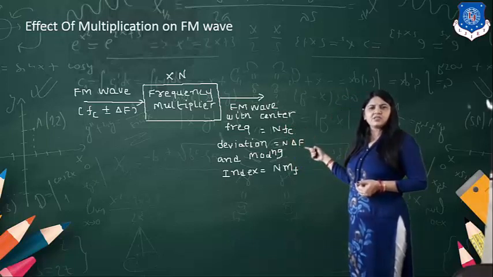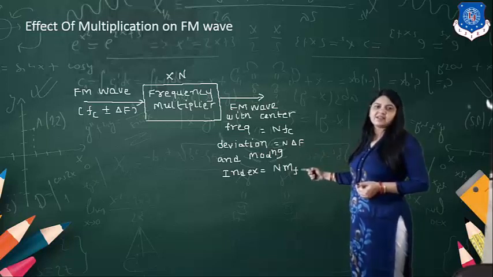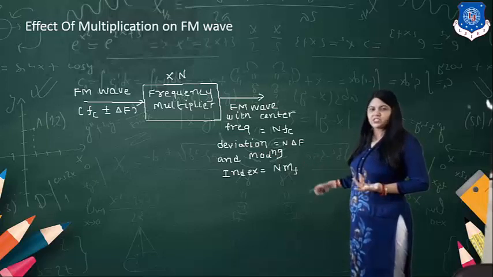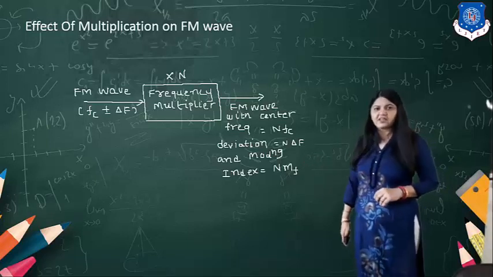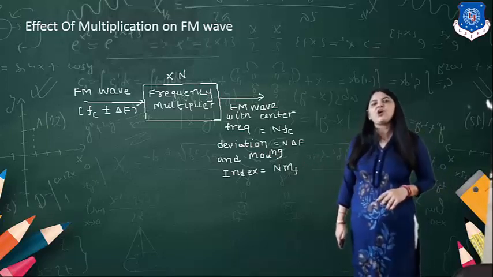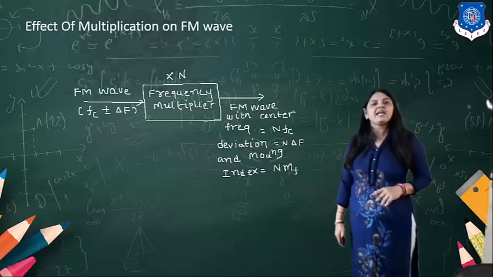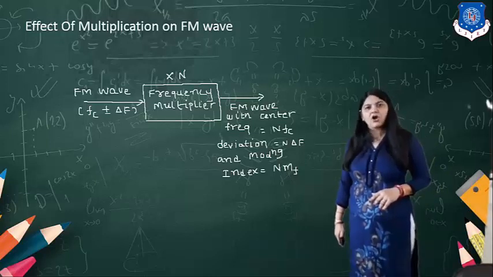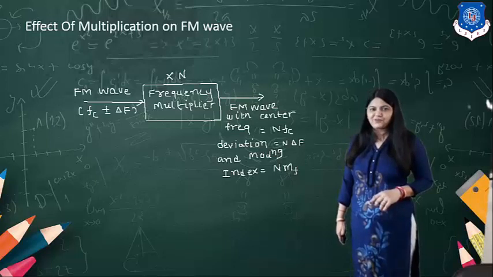The deviation is equal to N delta F, and the modulation index is N mf, so it will change. This is the effect of mixing and multiplication on the FM wave.